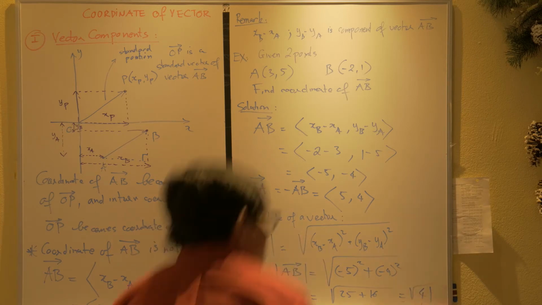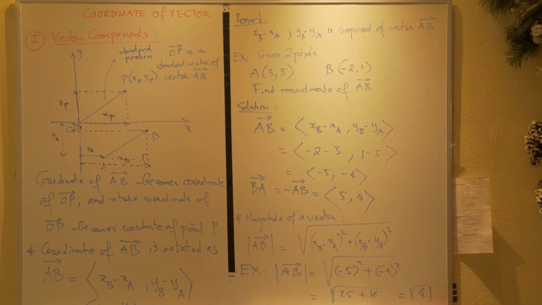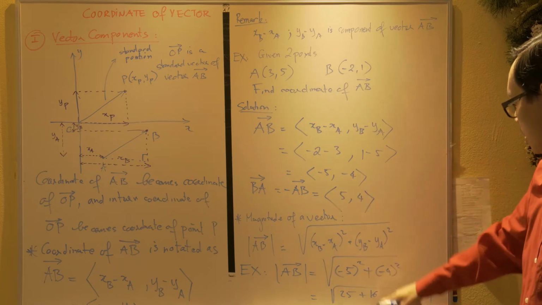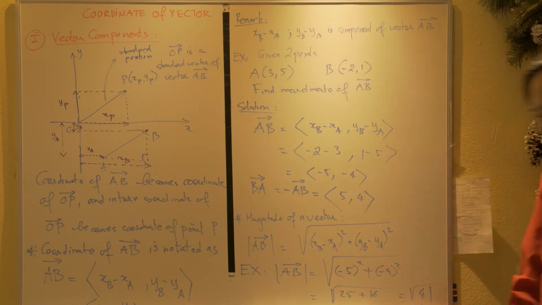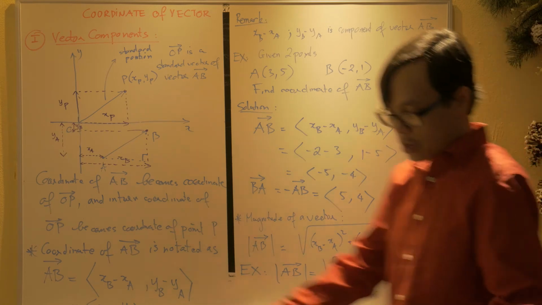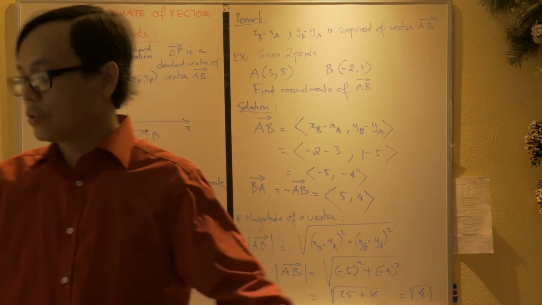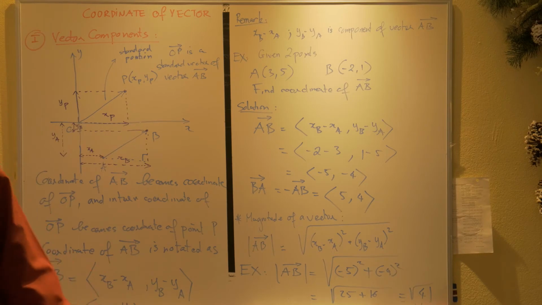There you go. So the magnitude will be square root of 41. Alright, so as long as you know the coordinate of the vector, you can find the magnitude of that vector easily.